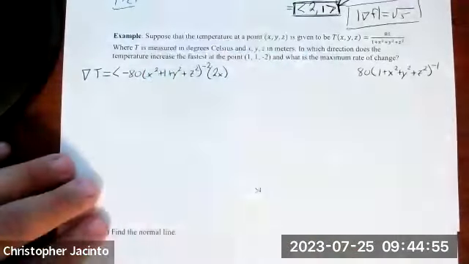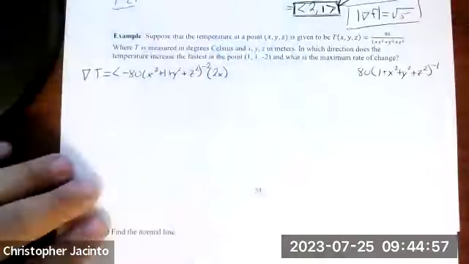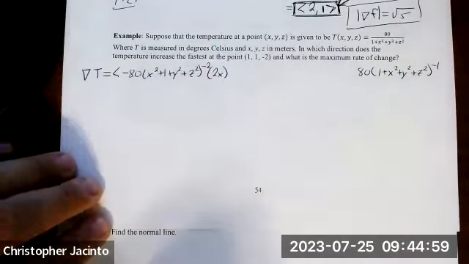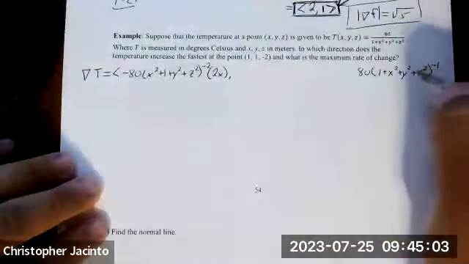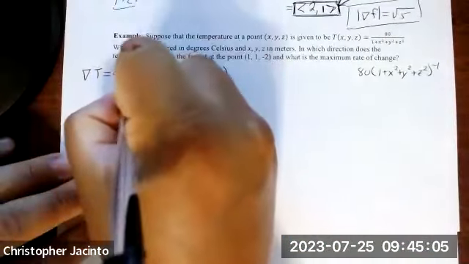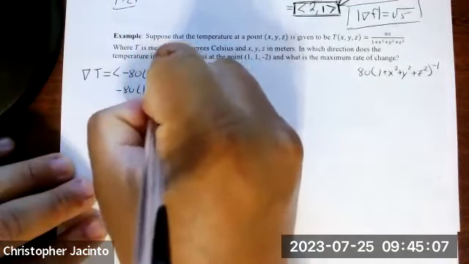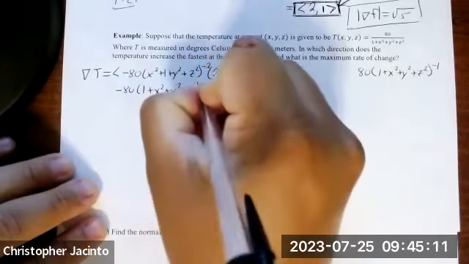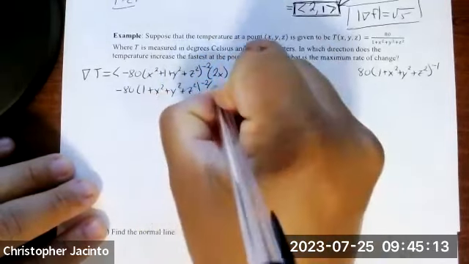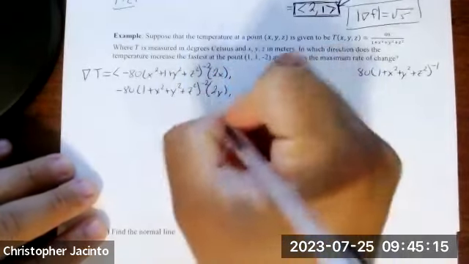And I'm just going to go down, it's too much going across. So now with respect to y, it's the same as the mimicry of everything else. And then with respect to z.